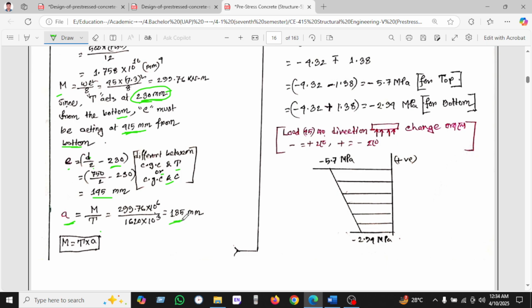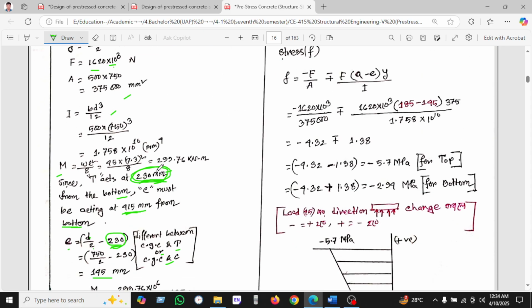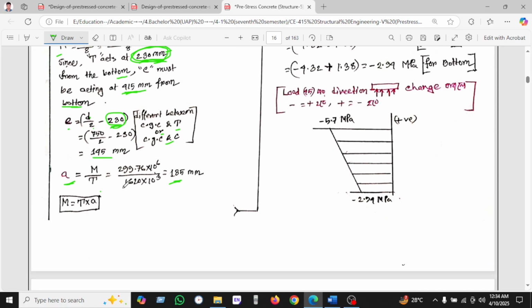So this is the value of A. So it is important how we get the value of A. The important thing is how we get the C 230. 230 is nothing but it is given in the question. You can use this 230 millimeter practically from the bottom to the T level. Okay, so in this way we will calculate.